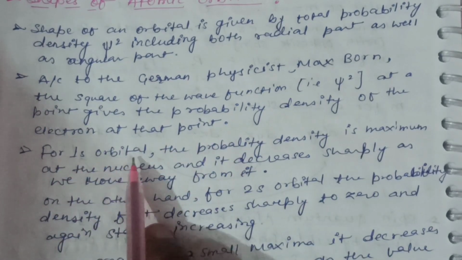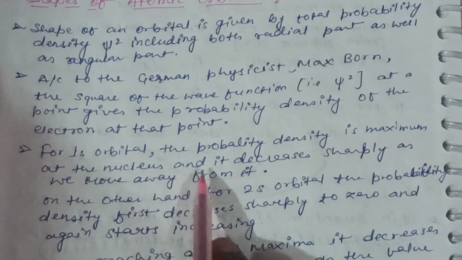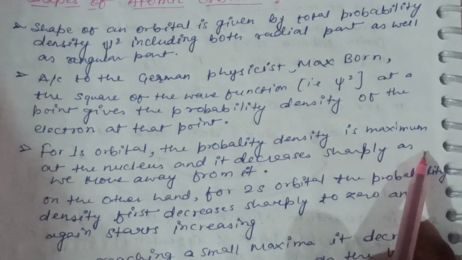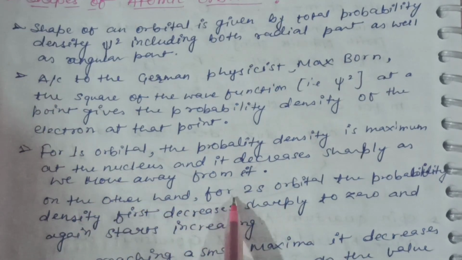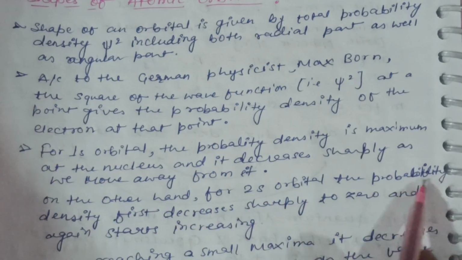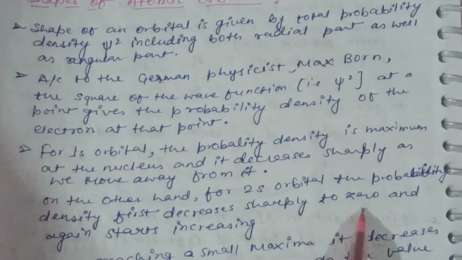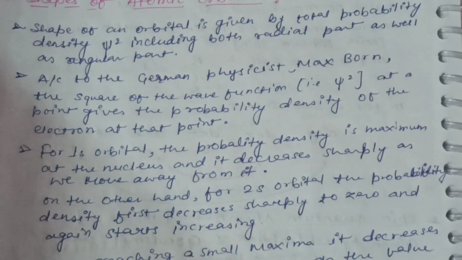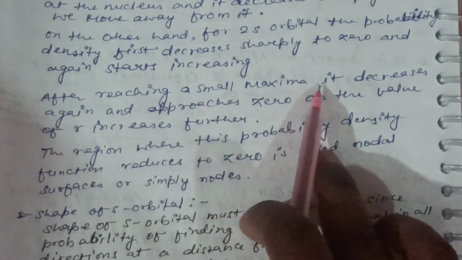For the 1s orbital, the probability density is maximum at the nucleus and it decreases sharply as we move away from it. On the other hand, for the 2s orbital, the probability density first decreases sharply to zero and again starts increasing after reaching a small maxima.